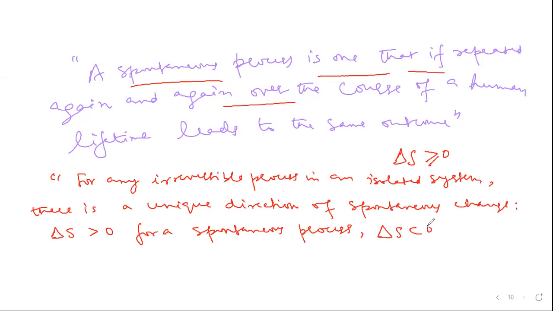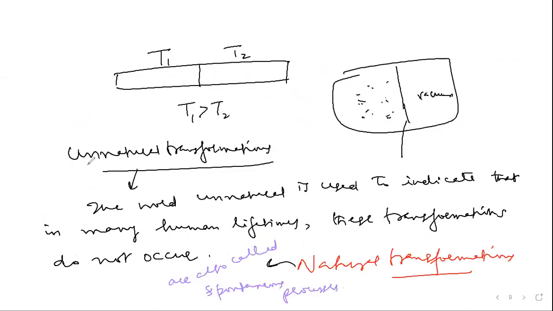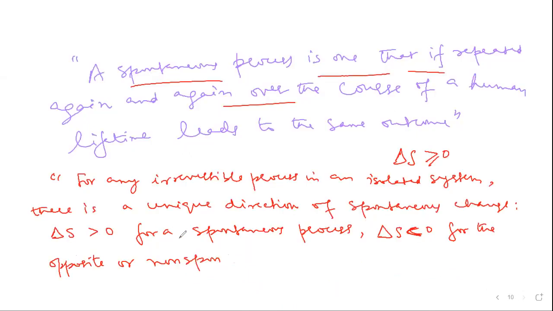Delta S less than 0, that means decrease in entropy, for the opposite or non-spontaneous direction of change. So you can see we use the word non-spontaneous process for unnatural process.